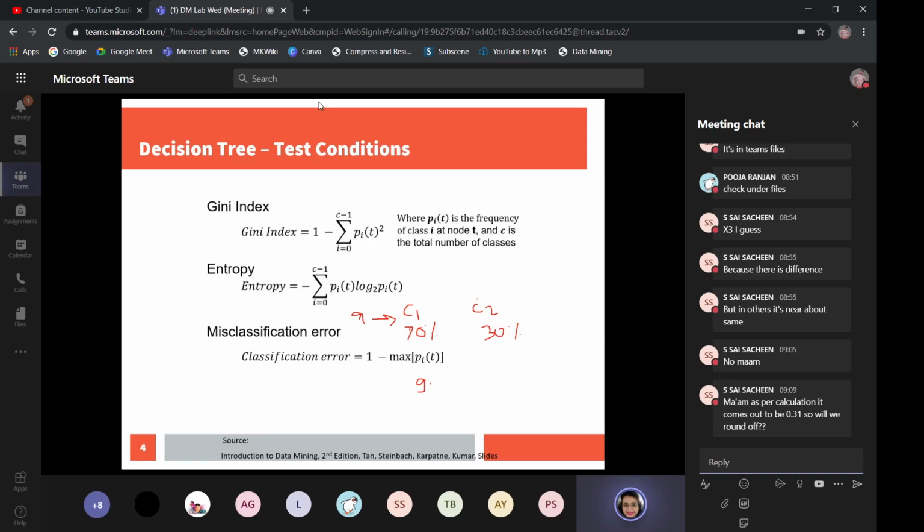Then one algorithm may be more confident and say there is a 90% chance that it belongs to class 1 and a 10% chance that it belongs to class 2. So you will pick the one giving you the maximum confidence, and the classification error will be 1 minus this. So there will be 10% classification error.